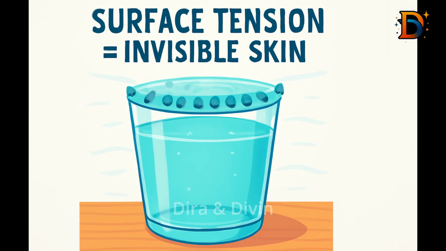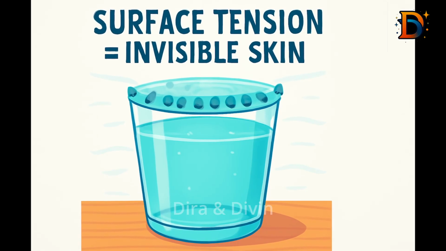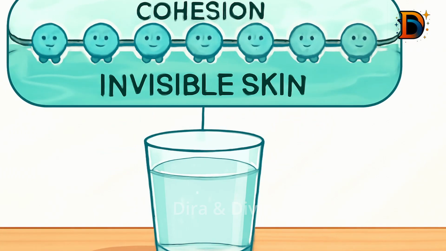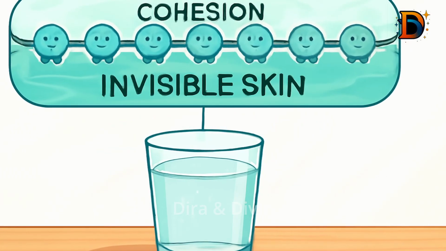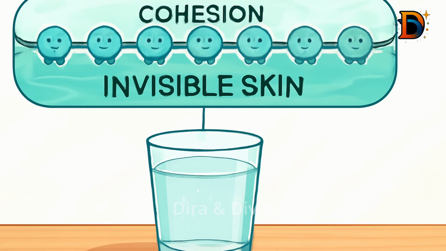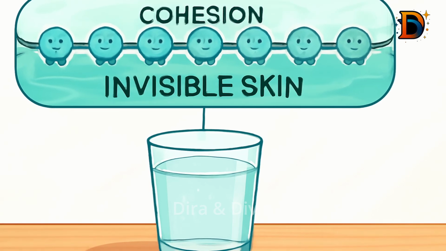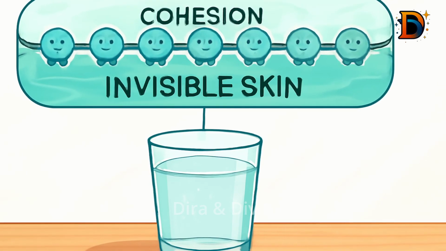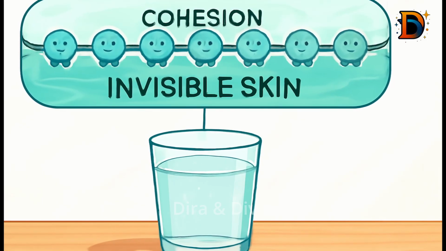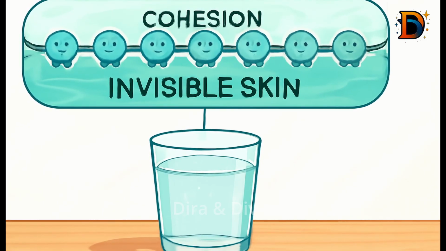Why is there an invisible skin on water? It's all because of water molecules, the tiny bits that make up water. These molecules love to stick together. That is, they are like best friends holding hands.